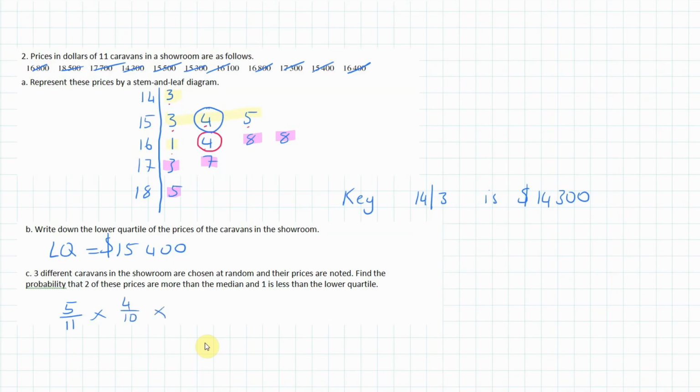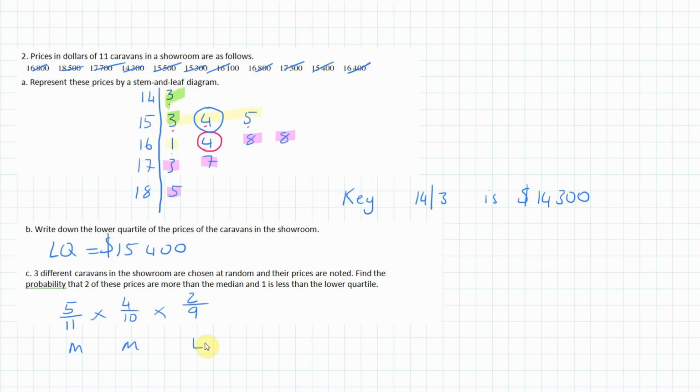And then you've got to have one that's less than the lower quartile. So it's more, and then less than lower quartile. And so less than the lower quartile, there's only 2 options out of the final 9 at that point, wouldn't there be? You can see the 2 options are, of course, this one and this one.